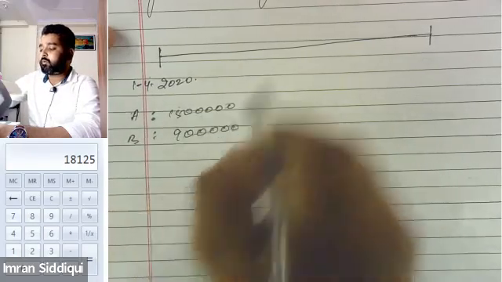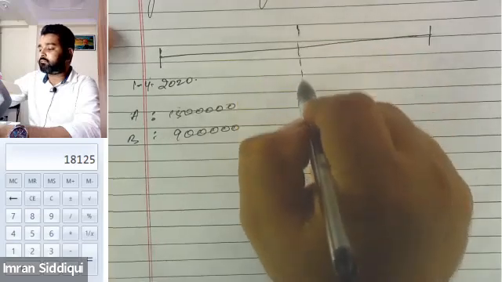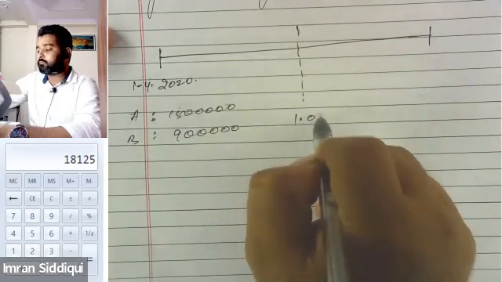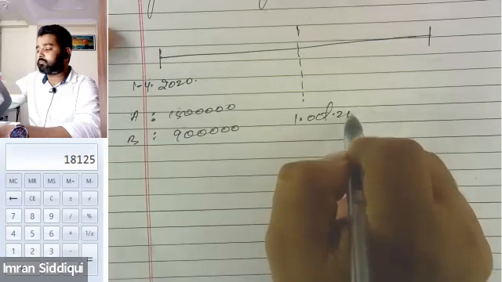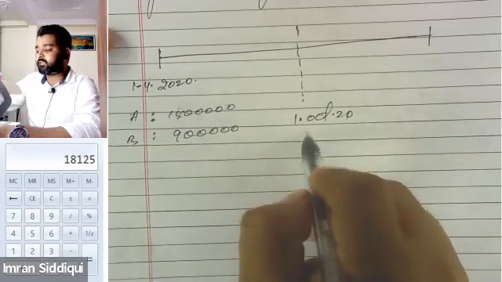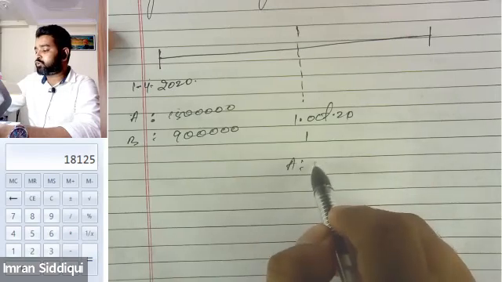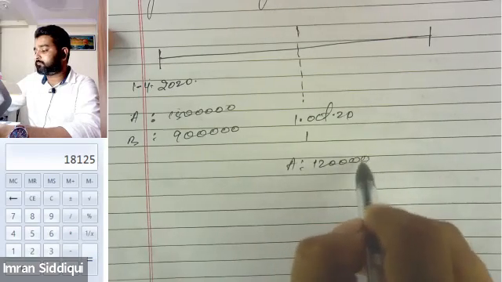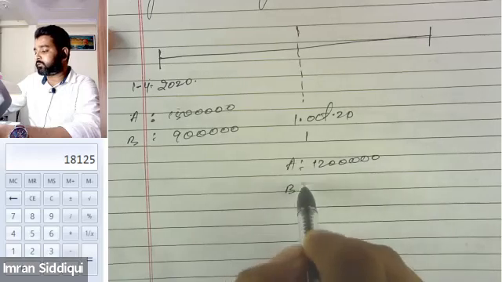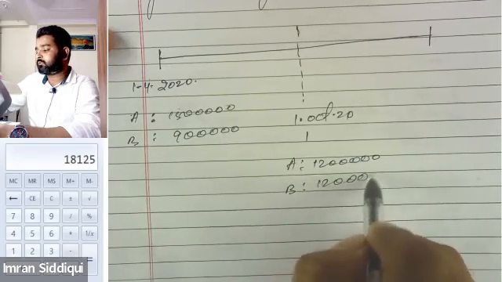But in the middle of the year, as on 1st of October 2020, both partners suddenly decided that capital must be 12 lakh each.